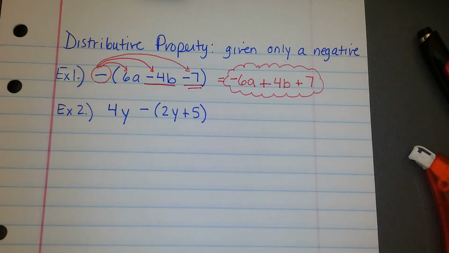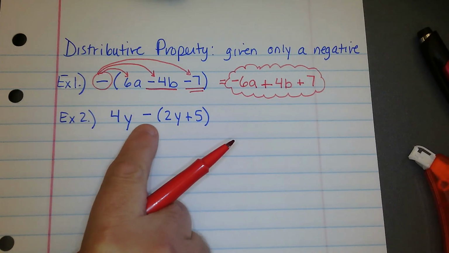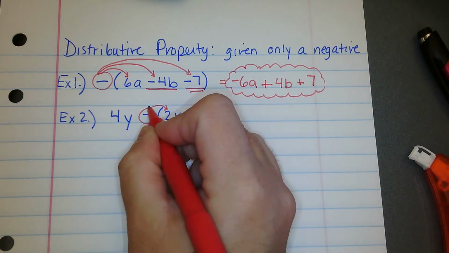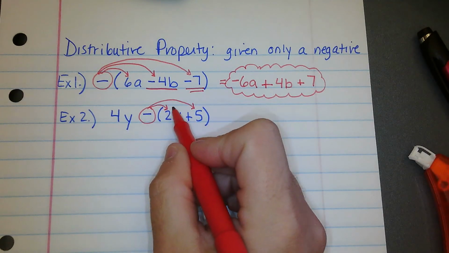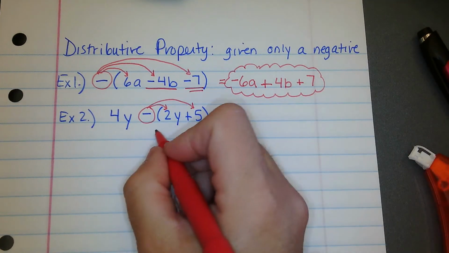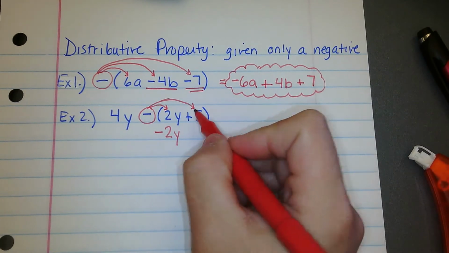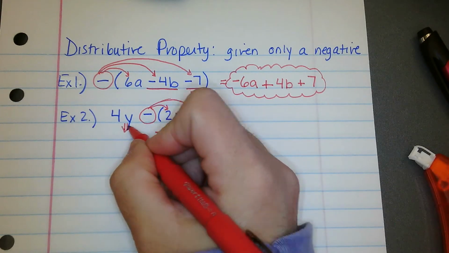You're not going to touch this 4y. You are going to take this negative and distribute it to everything on the inside of the parentheses. So a negative 2y and a negative 5. And you're going to bring down that 4y.